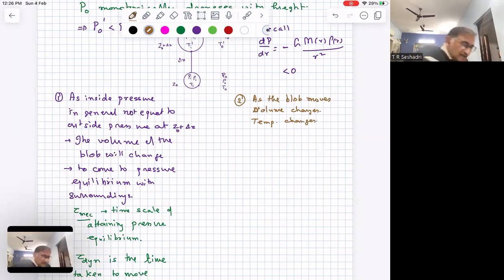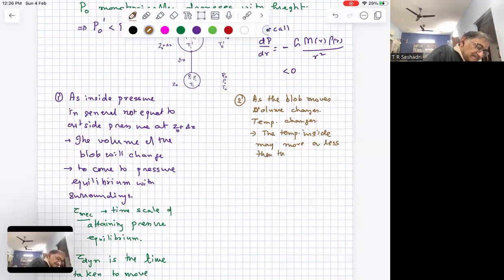And hence it implies that the temperature inside may be more or less than the temperature outside in the new position.